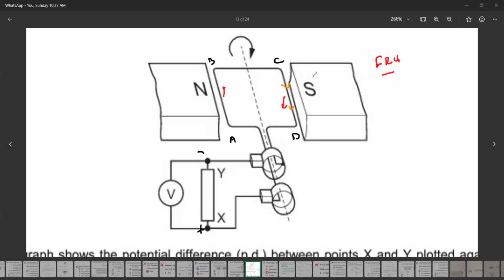If you apply the right hand rule, your index finger is pointing towards south, your second finger, your thumb, pointing downward. Your second finger shows the direction of the current. So in that case, the direction of the current is from A to B, B to C, and then C to D. So the direction of the current is like this.